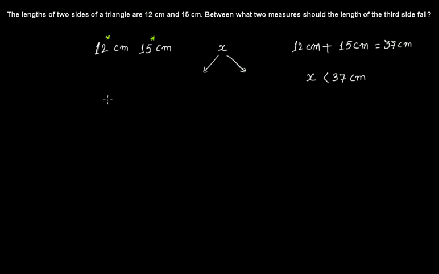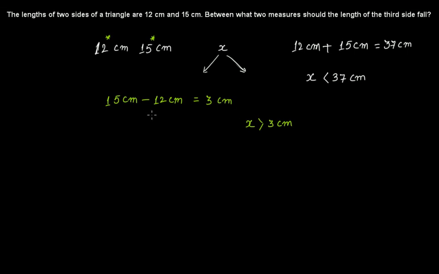If you subtract 12 centimeter from 15 centimeter, that is, you are finding the difference of the lengths of two sides, this will give you 3 centimeter. And we said that this difference will always be smaller than the third side. It means that x will always be greater than this 3 centimeter. That's for sure.